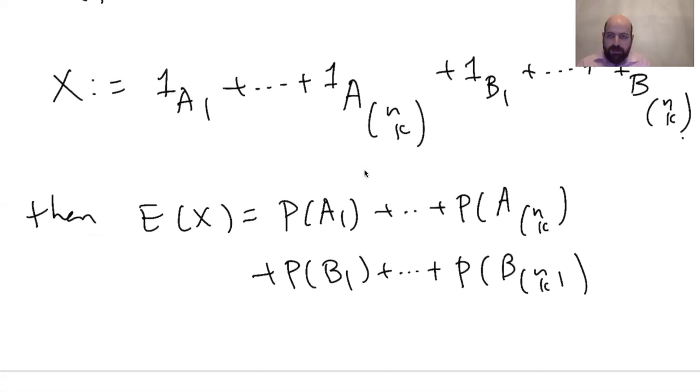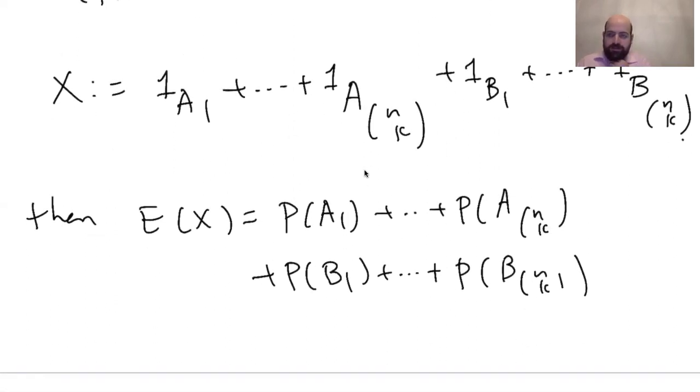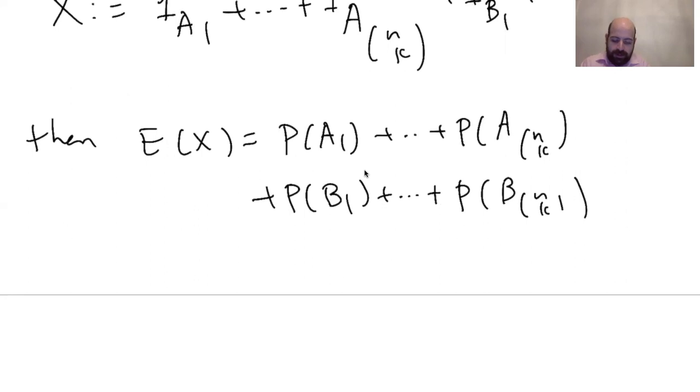Now, what is the probability of A1, that V1 to Vk is a red clique? We already calculated this last time, if you remember. It was 1 over 2 to the power k choose 2. Similarly for the other Ai and also the Bi, you can look at the last lecture, where we explained this. So each of these probabilities is 1 over 2 to the power k choose 2. How many of them do we have?